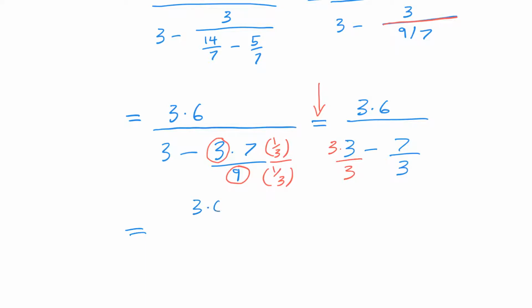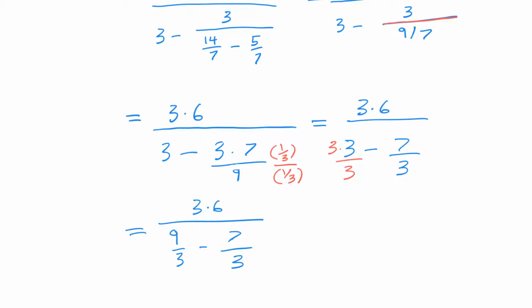We have 3 times 6 on the top still. That's just coming along for the ride. And then we have 9 divided by 3 minus 7 divided by 3. So moving forward, we get 3 times 6 on the top still, and 7 subtracted from 9 gives us 2/3 on the bottom.